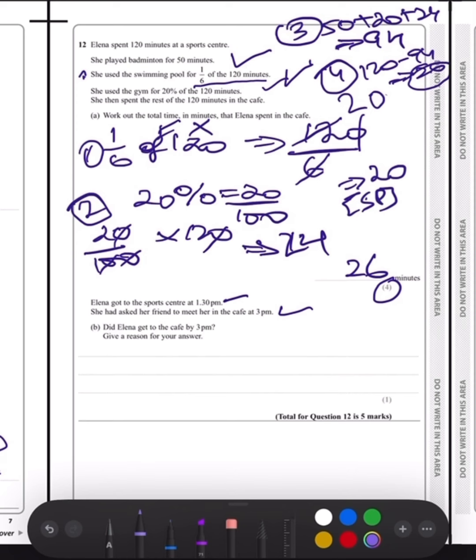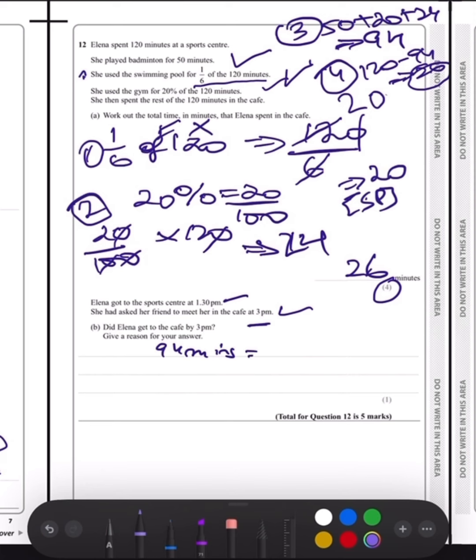We don't need 3 p.m. right now because that will be our end answer to check whether she reached by 3 p.m. So to check, we already know a total from her previous activities, not considering the answer we just found, 26 minutes. Considering all her other activities, we know that she took 94 minutes for her other 3 activities, right? So what we can basically do here is, firstly, we've got 94 minutes.